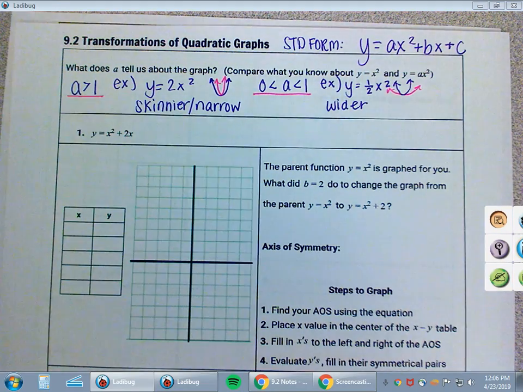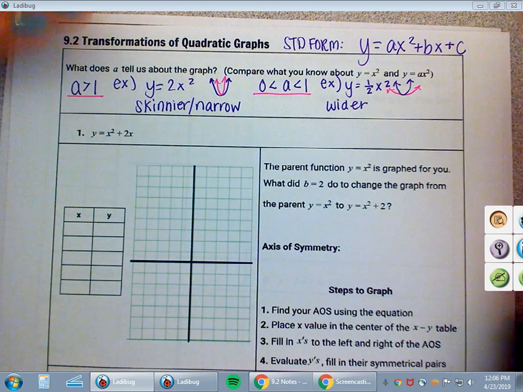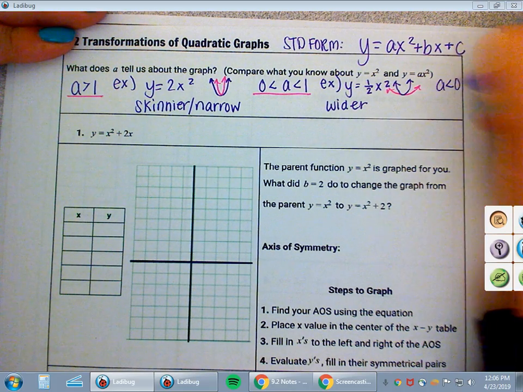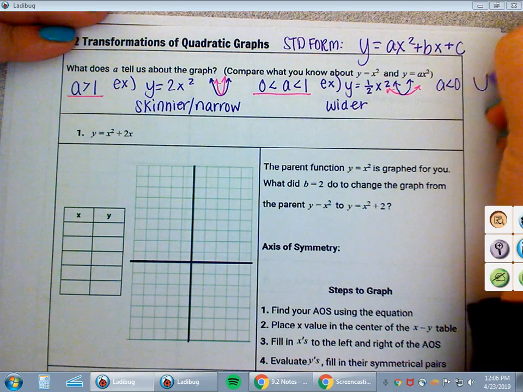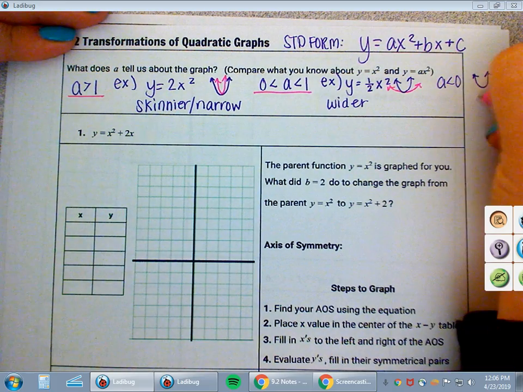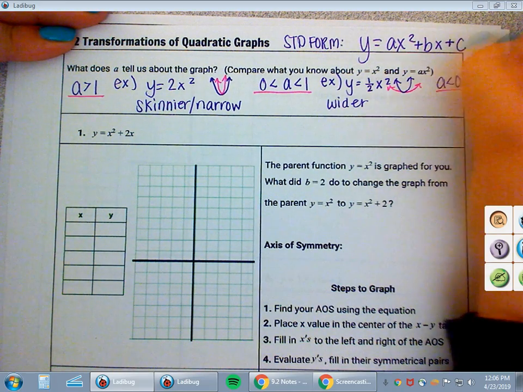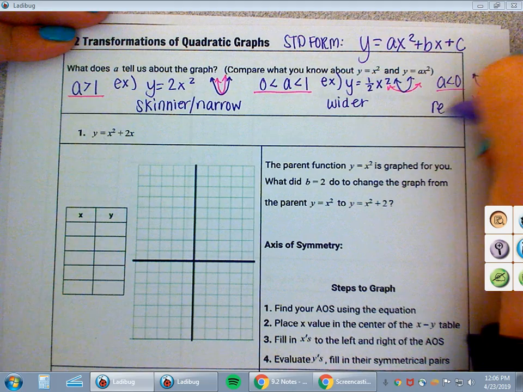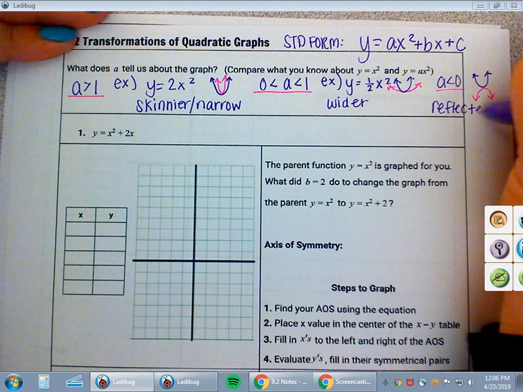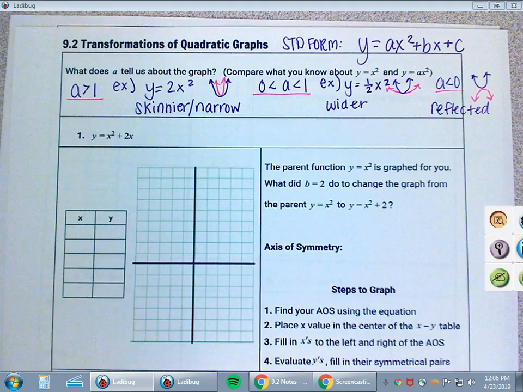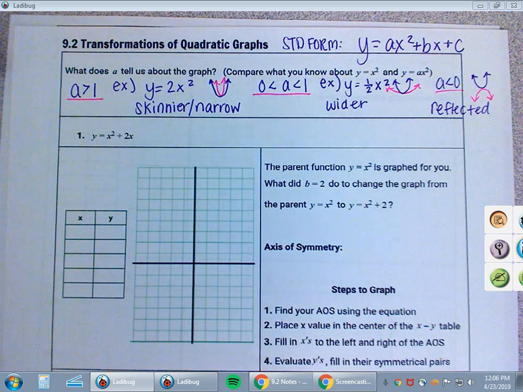And the last thing that could have happened, and I'm running out of space, is if A was less than 0, then it went from up here to down here, and it got reflected. So A showed us a few different things. There's a lot going on with A.